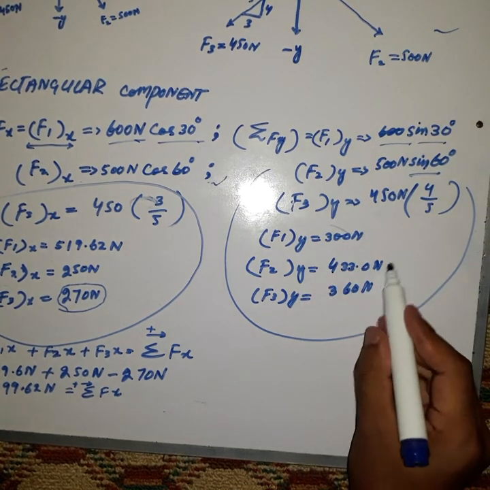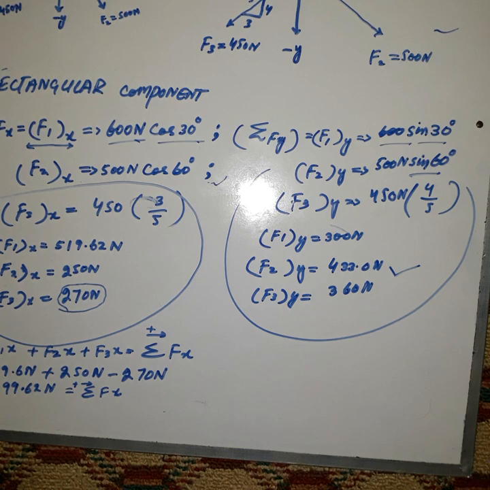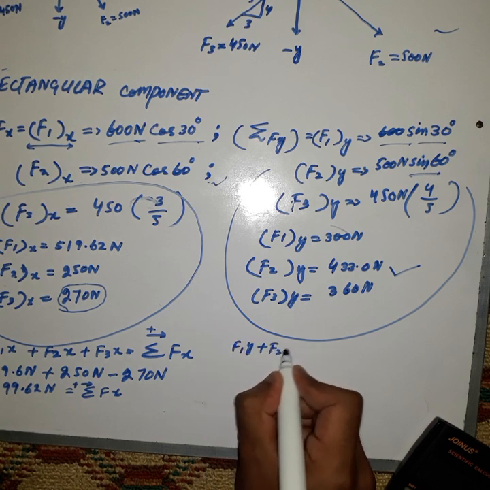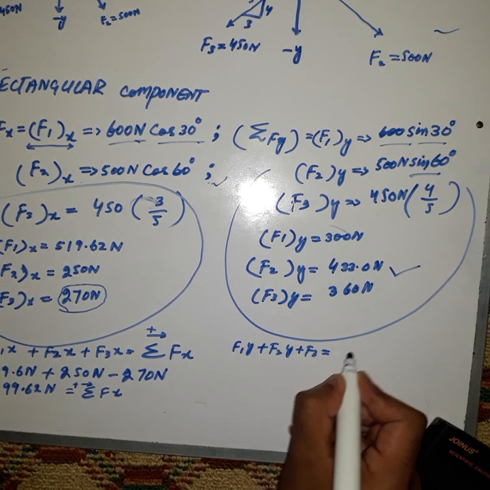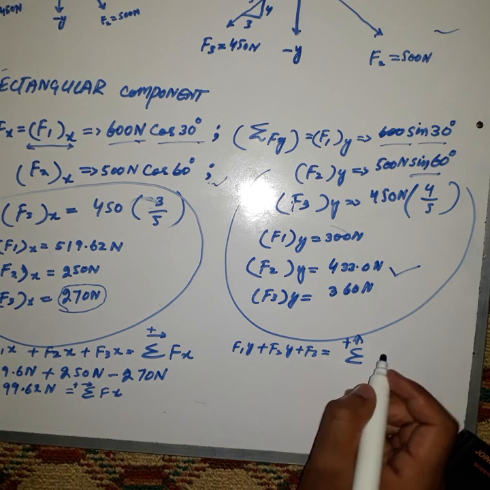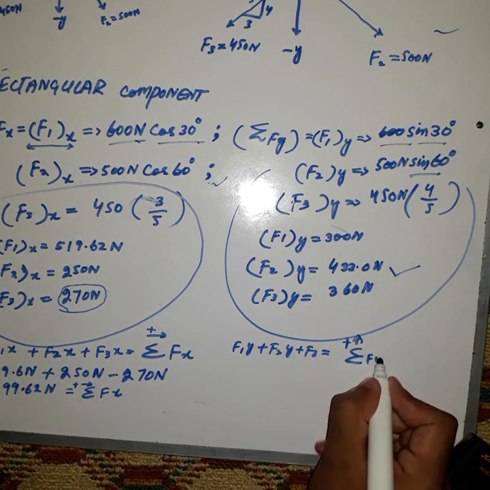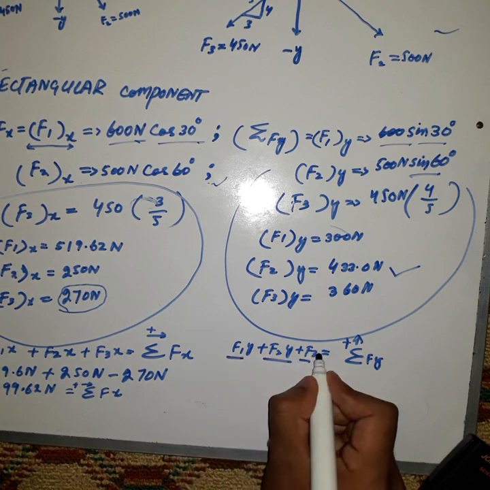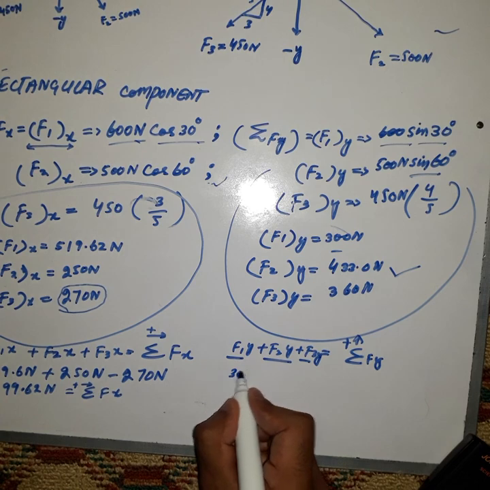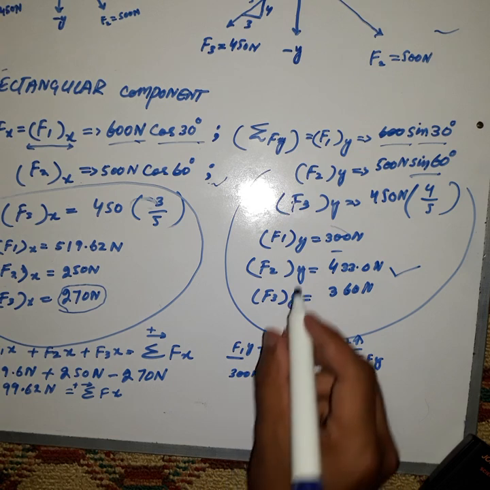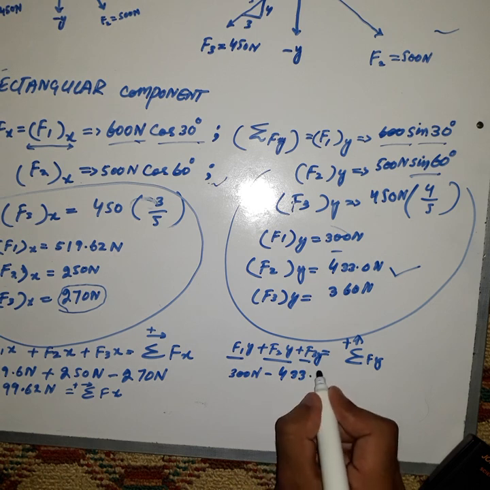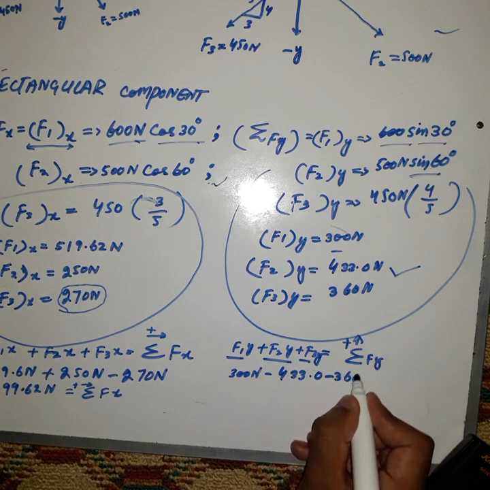Now we will add summation of F of y. So F1 of y plus F2 of y plus F3 of y is equal to summation of F of y, because this is our y-axis and the y-axis is perpendicular to the x-axis. Putting in the values, it is 300 Newton because it was acting positive, and F2 will be minus 433.0, and it will also be minus 360 Newton.